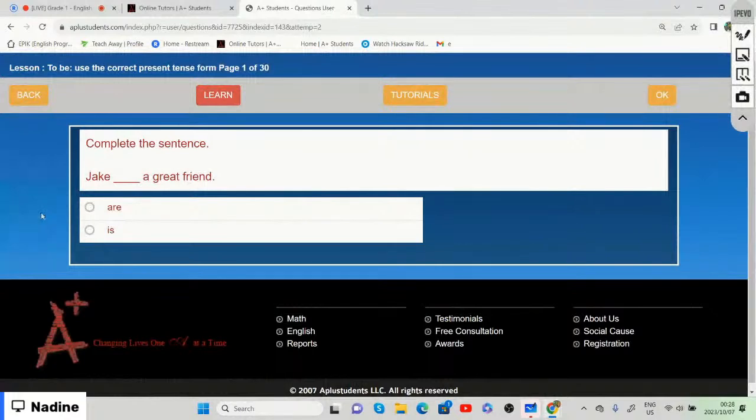So we need to choose one of these options, are or is. Remember, we said we use are if we are referring to more than one person, and we use is if we're referring to only one person.